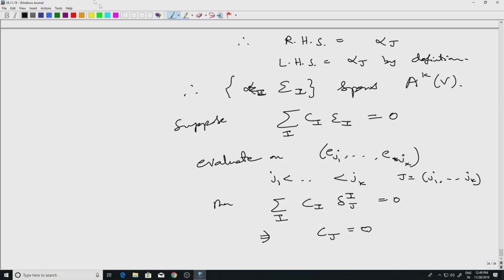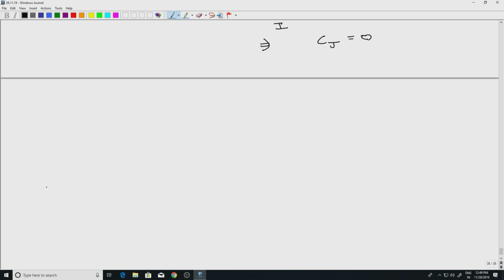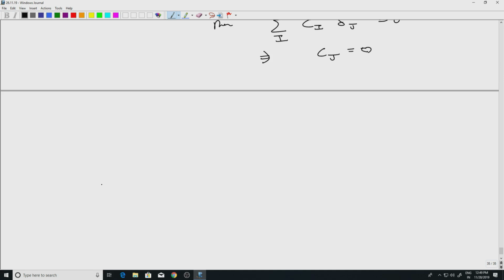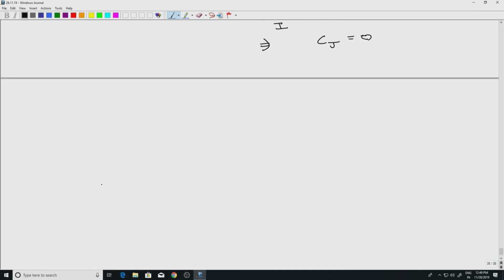Now let's move on to a slightly more involved lemma. The statement is simple enough, and this will be the crucial ingredient which will help us prove the associativity property.